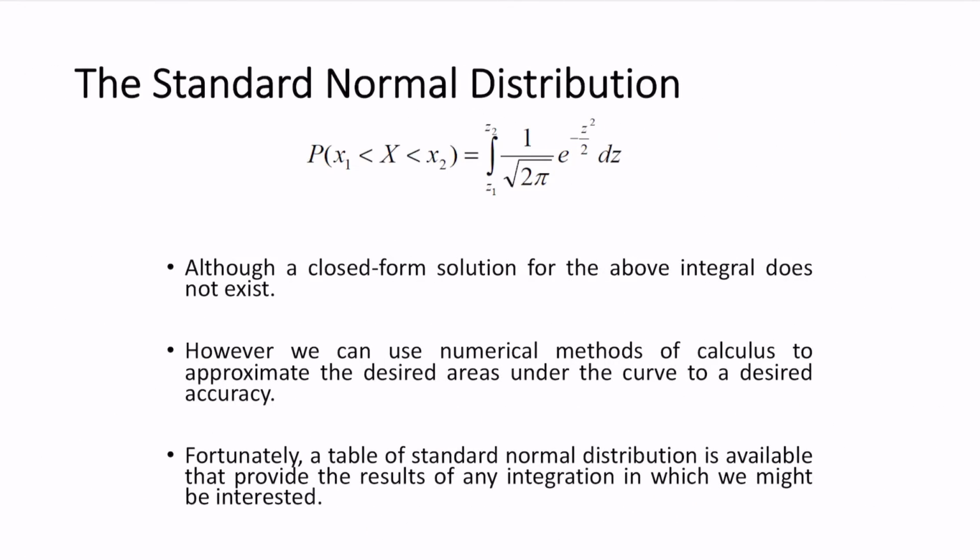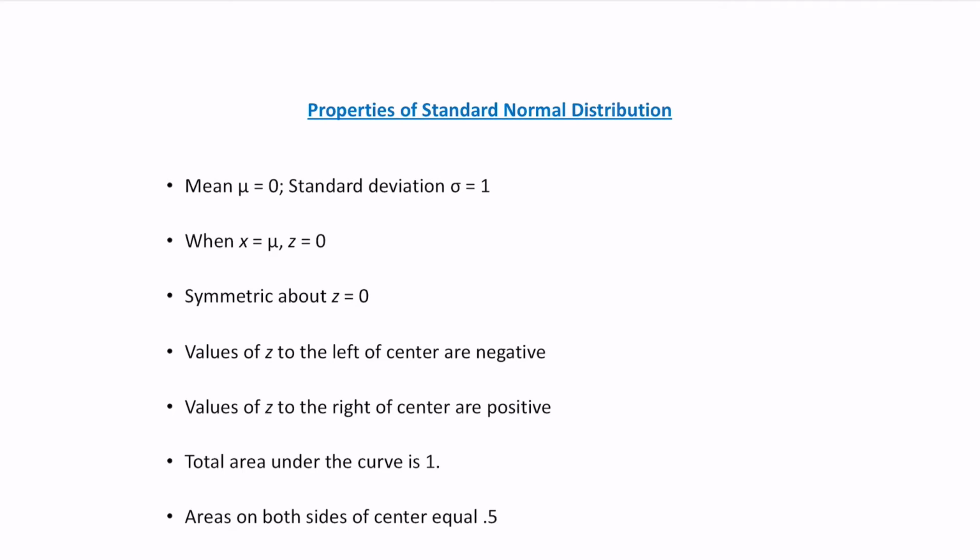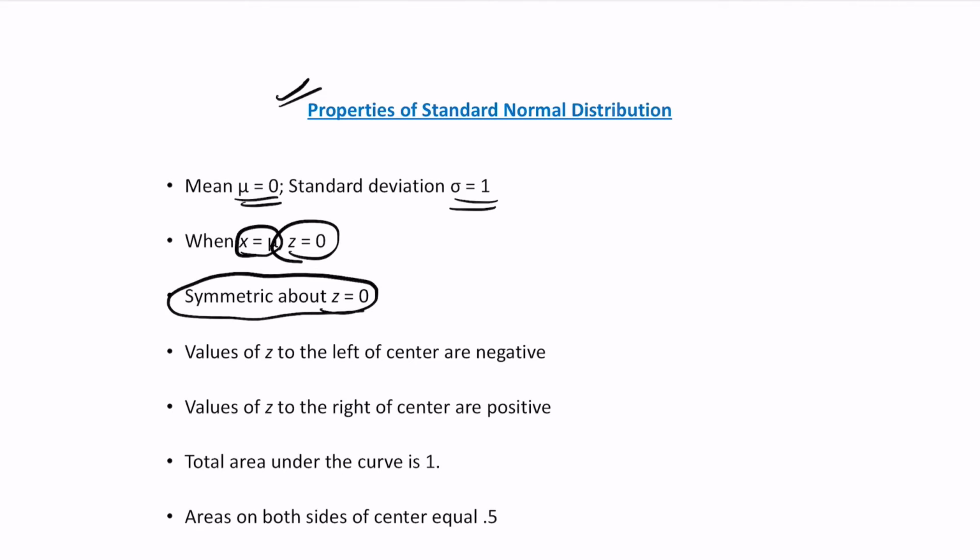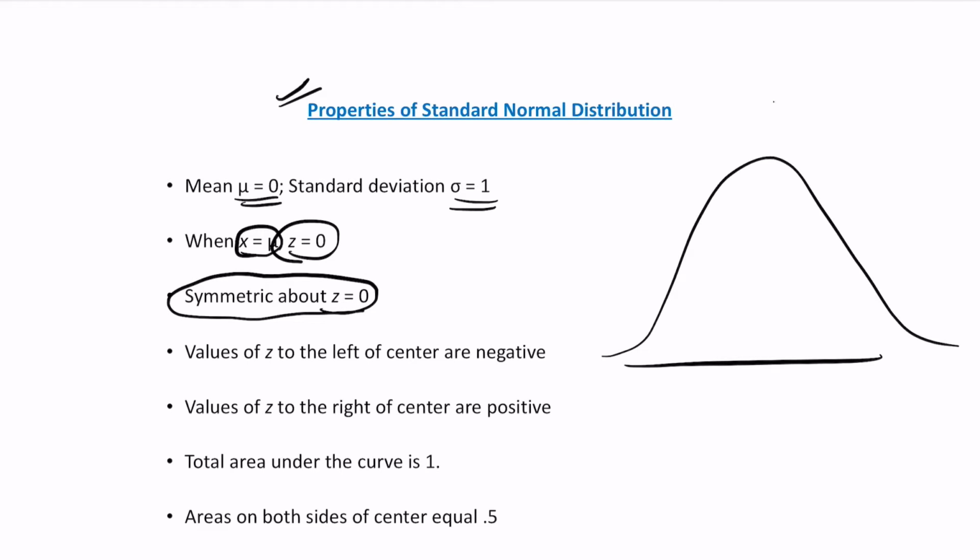Now let's understand the properties of the standard normal distribution. The first property is that the mean is 0 and the standard deviation is 1. When x is equal to mu, the z value becomes 0, which means that z equal to 0 is the line of symmetry. So if you take the distribution here, this is z equal to 0.